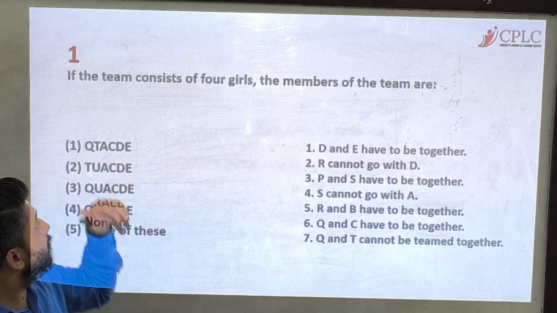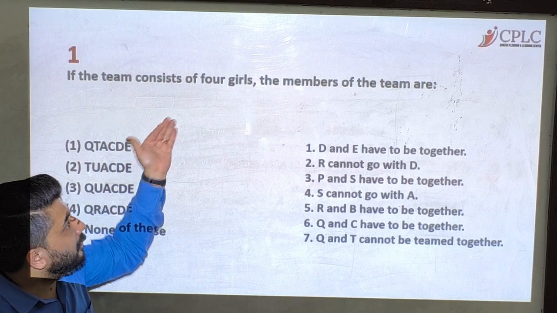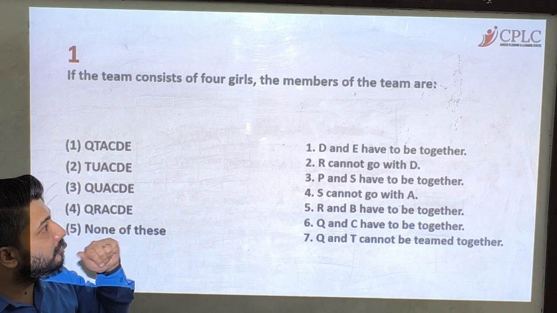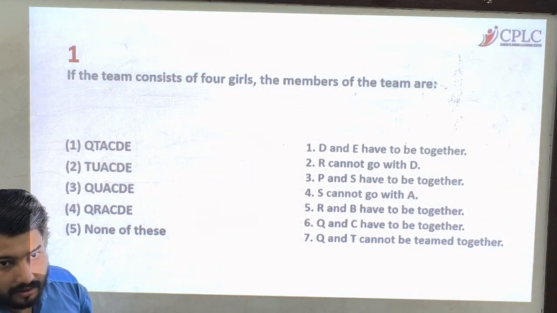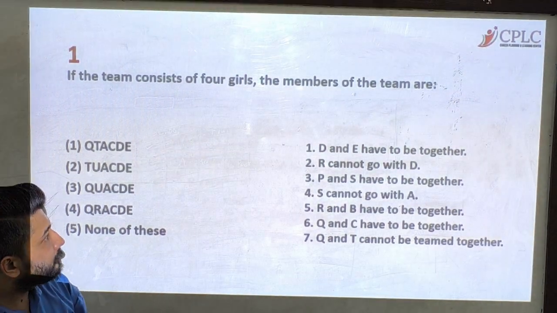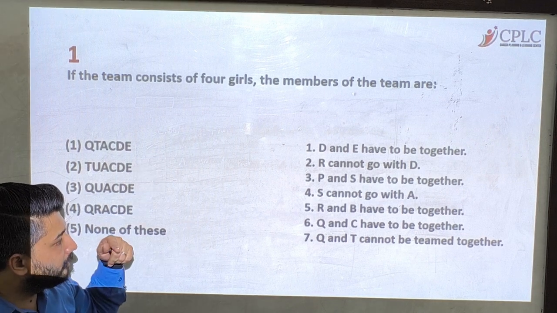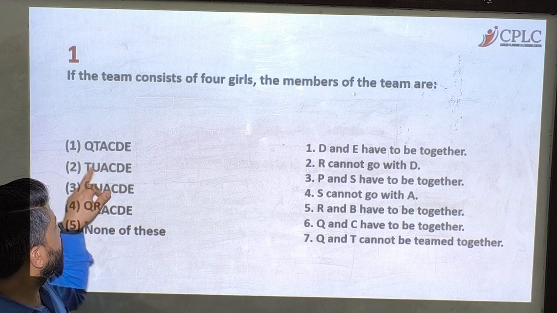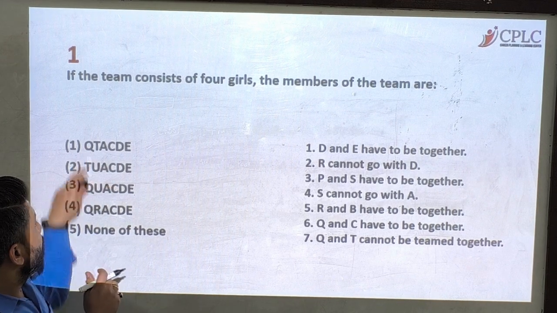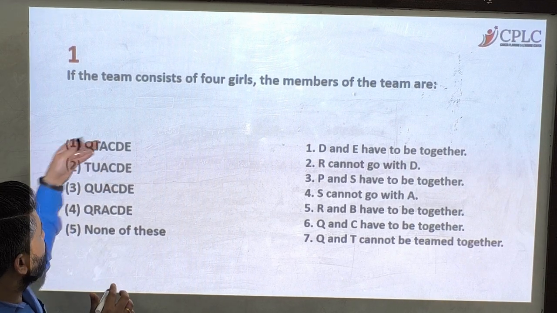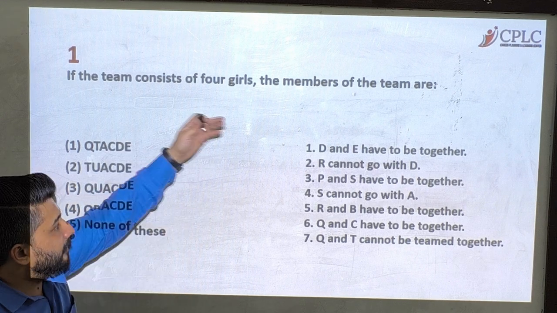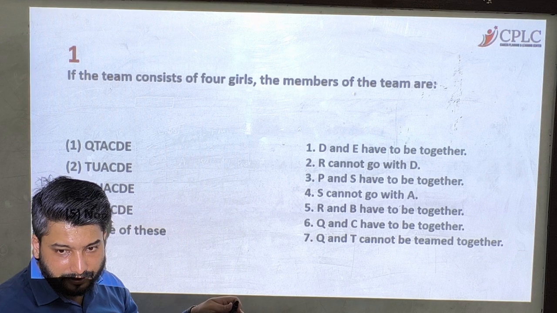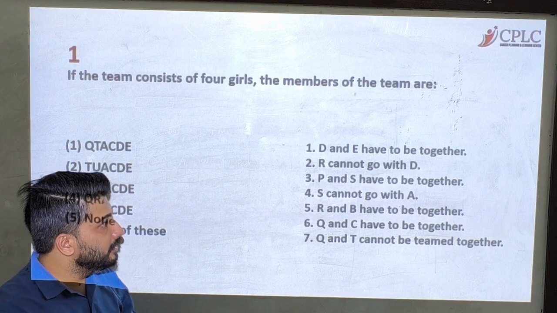The first question says the team consists of four girls and the members of the team are. Now, what can we do here? We can simply go for elimination. So let's go option by option. The first option says Q, T, A, C, D, E, and we have to verify, because if these conditions are not satisfied, obviously that team is invalid anyway.